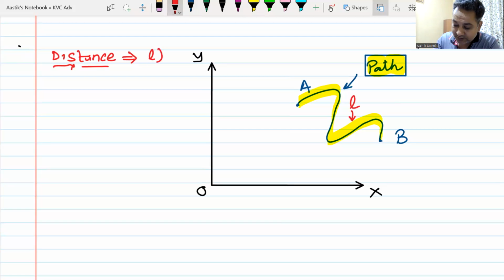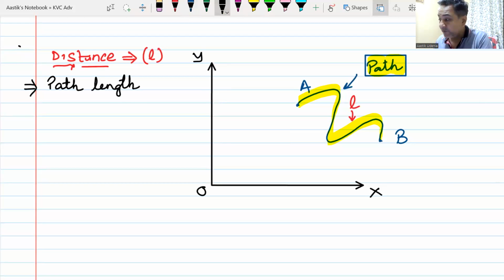distance traveled. So the first point you must always remember is that distance traveled is the path length. I always represent distance traveled by the letter L, so that whenever L comes to my mind, the first thing that comes is length.